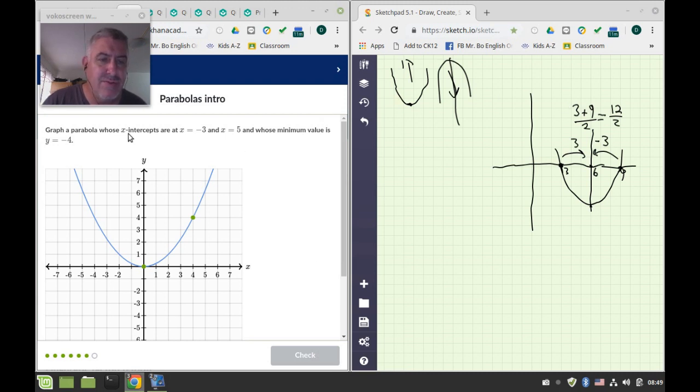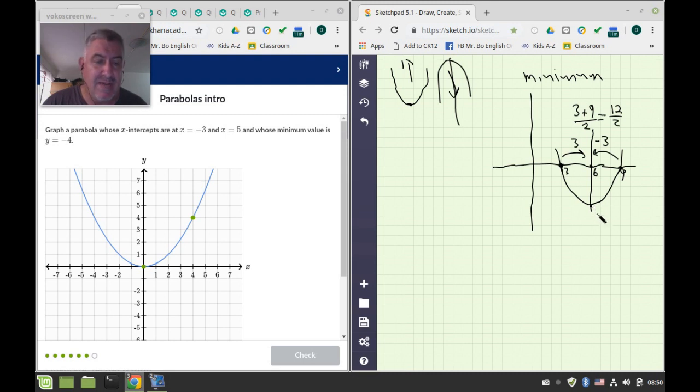Graph a parabola whose x-intercepts are x equals -3 and x equals 5, and whose minimum value is y equals -4. So minimum value tells us that the minimum here is our vertex.